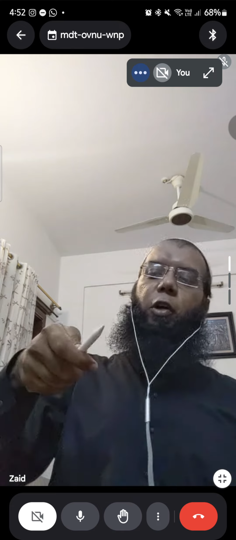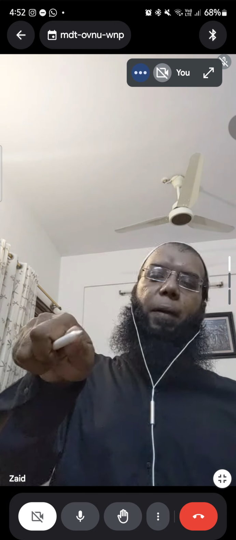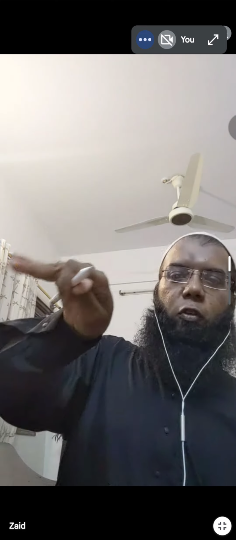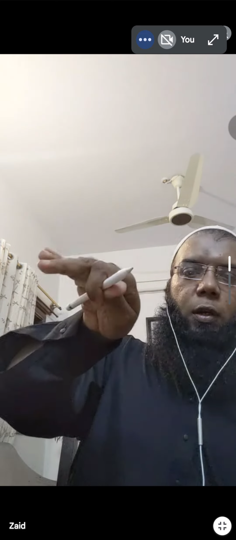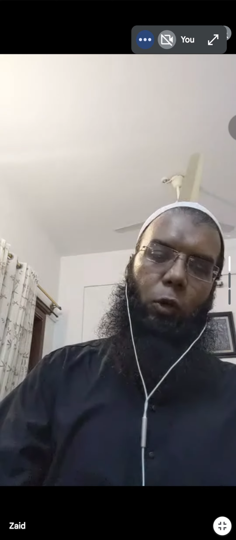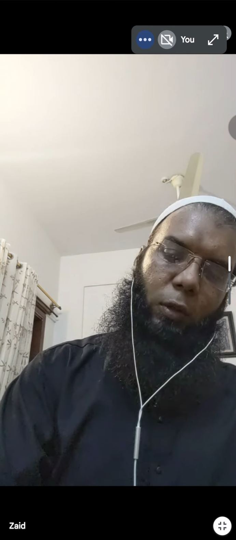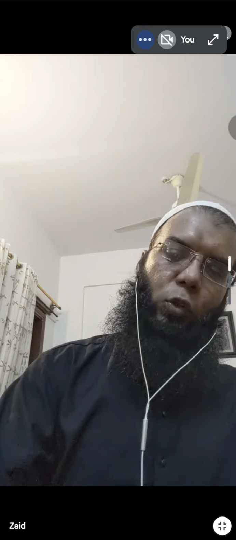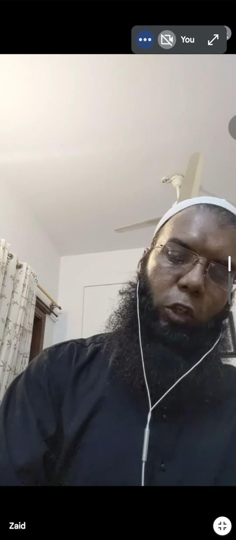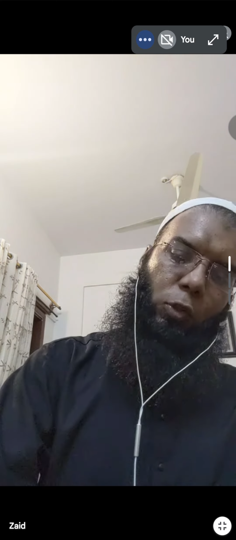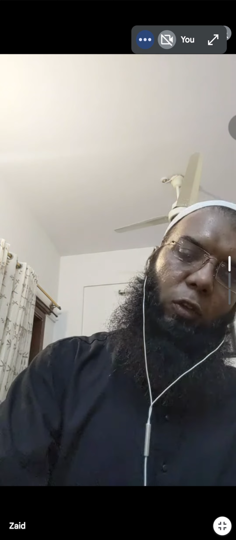Now we use the same right hand rule. You have gripped the pen with your right hand, your thumb facing towards the screen, and you curl your fingers all the way like this. So this is into the page. When the current is going into the page and you draw the field lines, can anyone tell me the direction of the field lines?